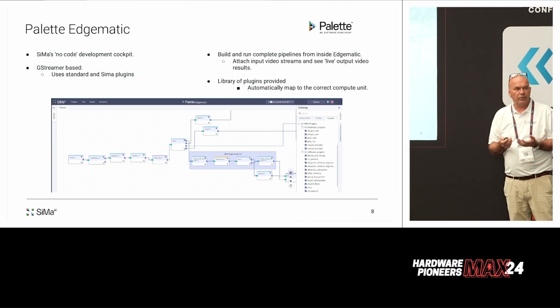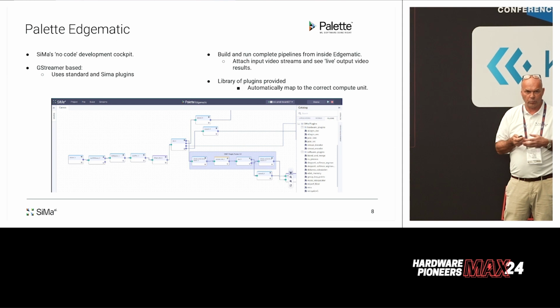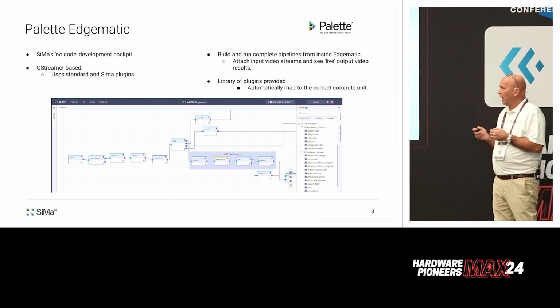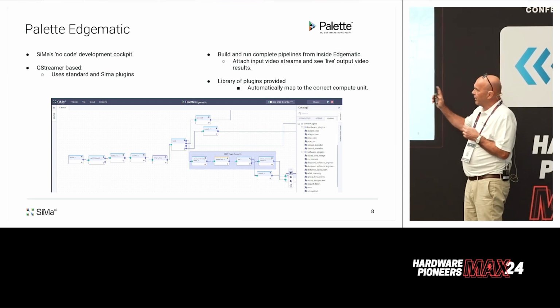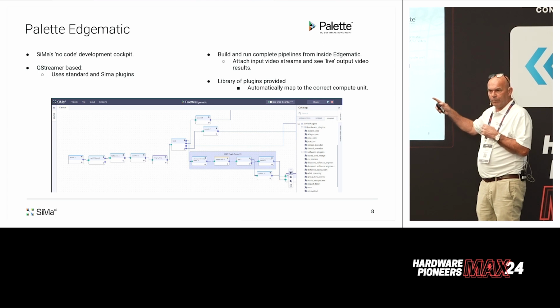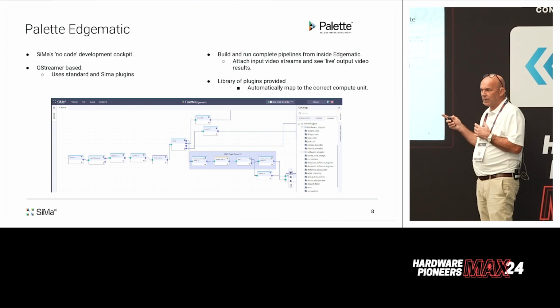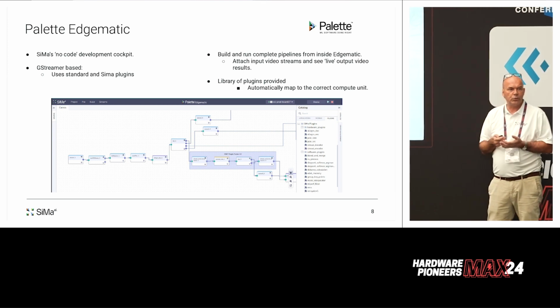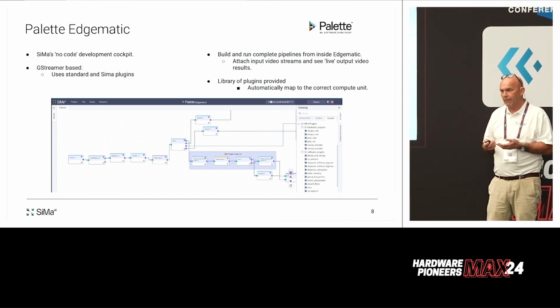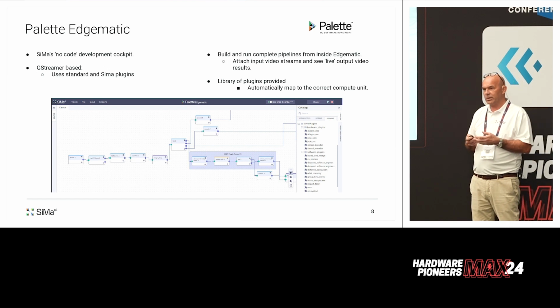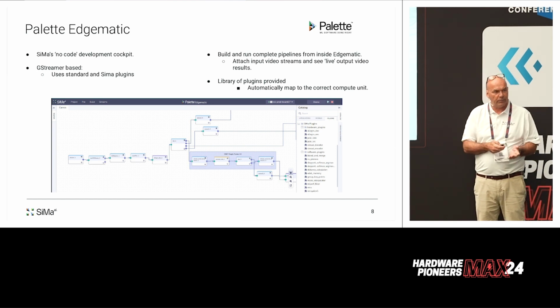Bringing all this together requires some form of software, some form of development kit, and we are developing a browser-based graphical pipeline builder. Right now we use GStreamer under the hood. We allow our customers to build GStreamer pipelines either with C++ or with Python.